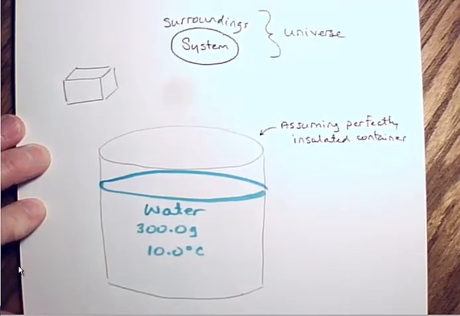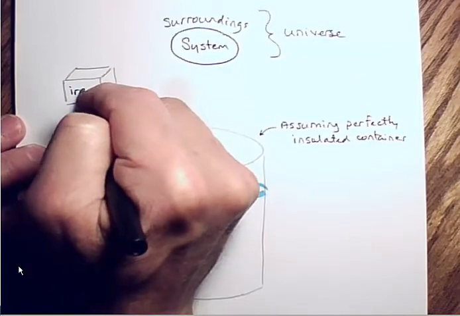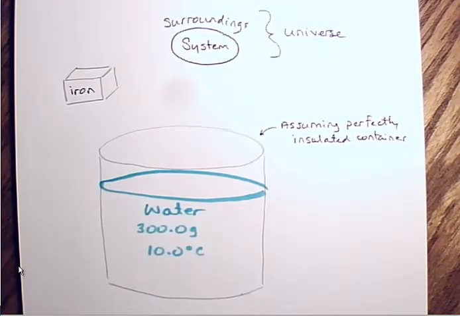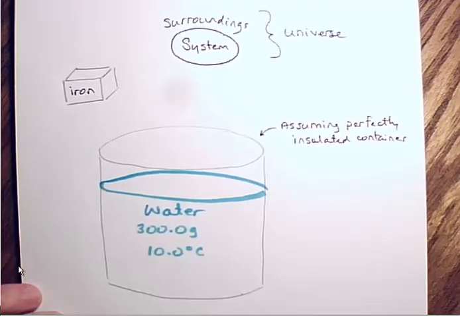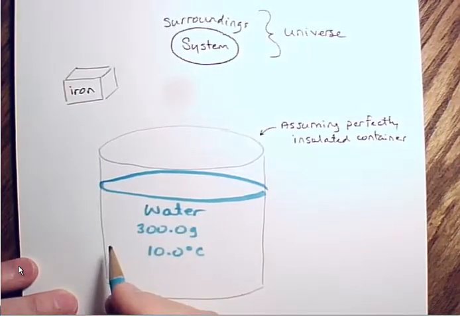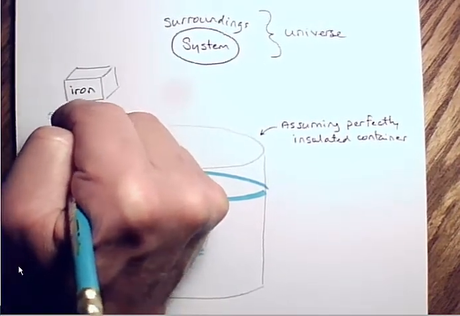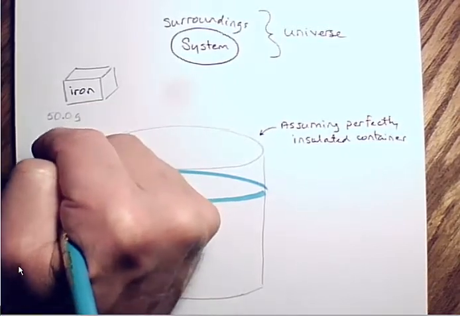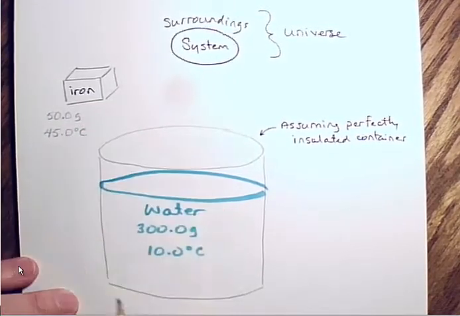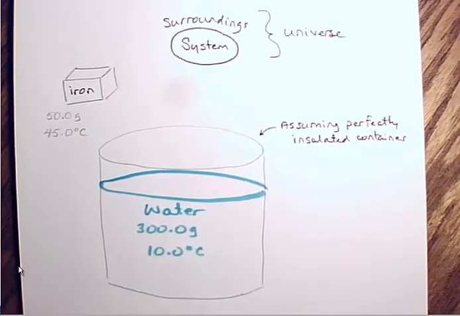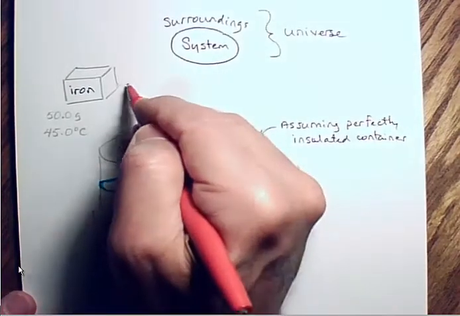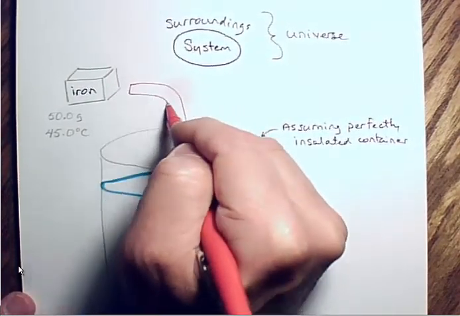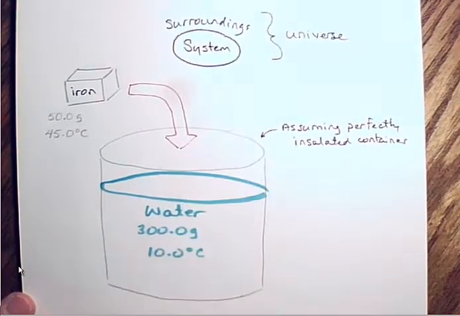For the sake of this theoretical problem, we have a perfectly insulated mini-universe here, and the iron's mass is 50 grams with a starting temperature of 45.0 degrees C. Now, what we're going to do with that iron is stick it inside our mini-universe.